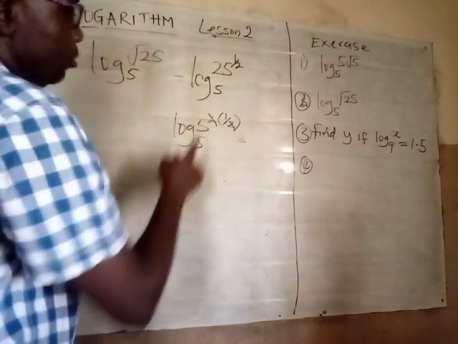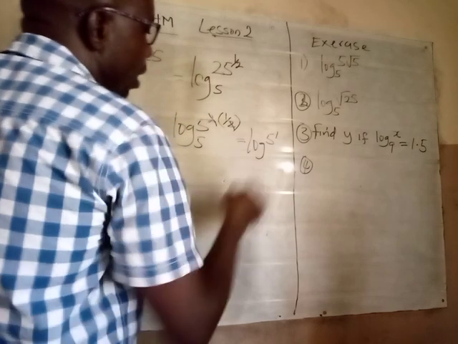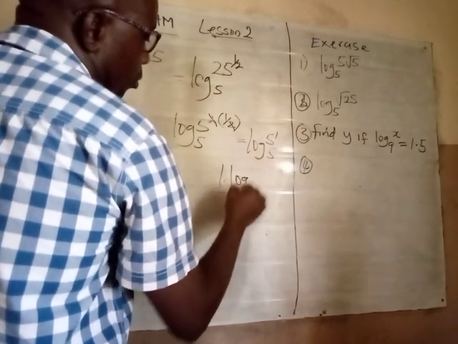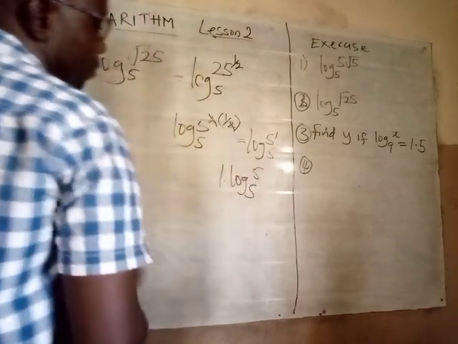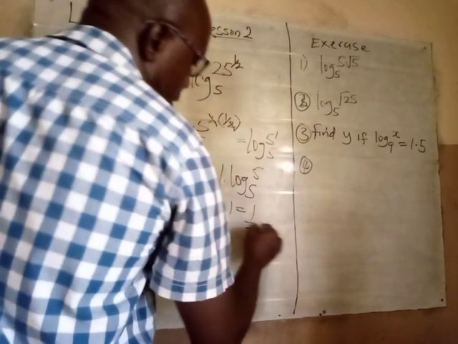When you cancel out, you are left with log 5 raised to power 1 base 5, which is 1 times log 5 base 5, 1 times 1, which equals 1.